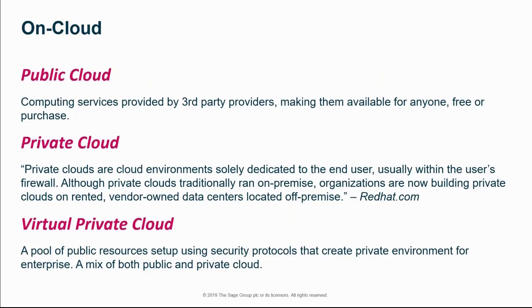Public cloud refers to third-party providers that provide computing services, making them available for anyone to use for free or for purchase. In a private cloud environment, the environment is solely dedicated to a particular end user. It could be a managed service or an in-house data center.